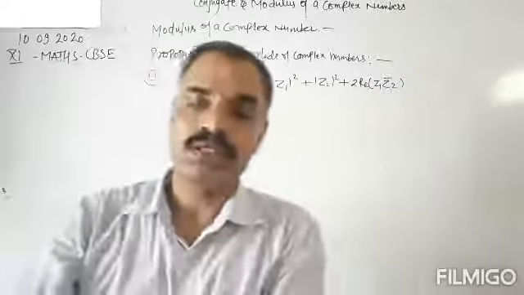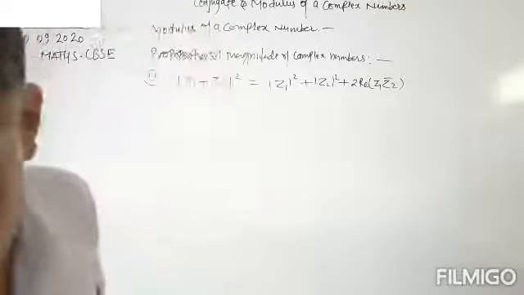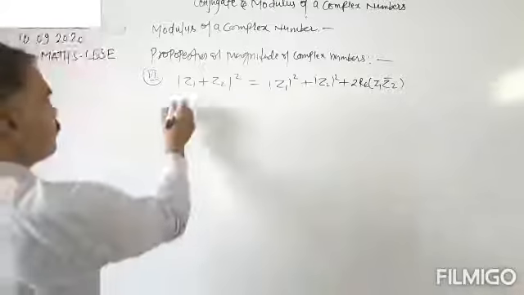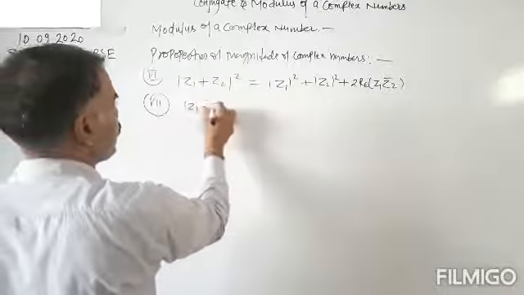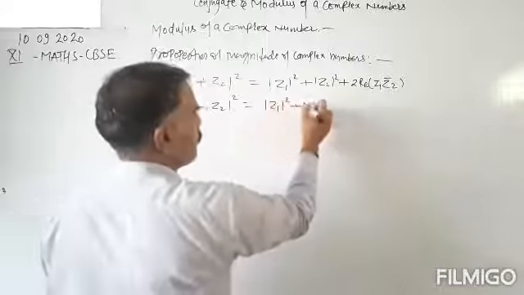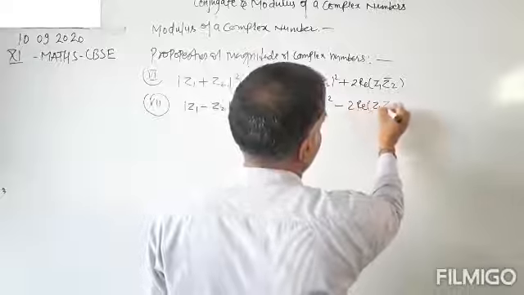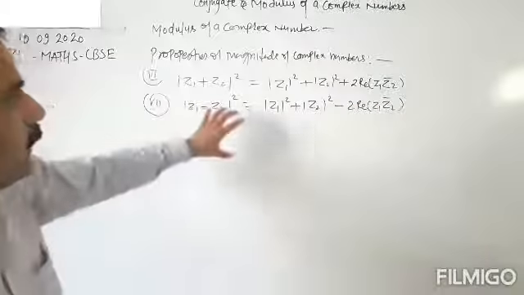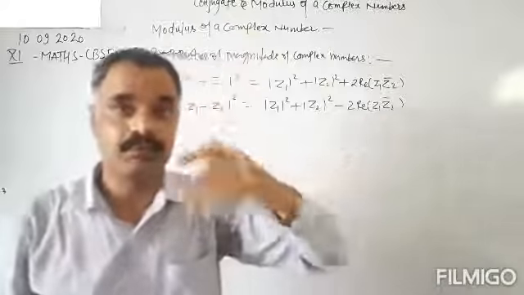Now the seventh property: magnitude of z1 minus z2 whole square equals magnitude z1 square plus magnitude z2 square minus 2 real part of z1 z2 conjugate. These are two important properties, and we should have the proof of these properties also.